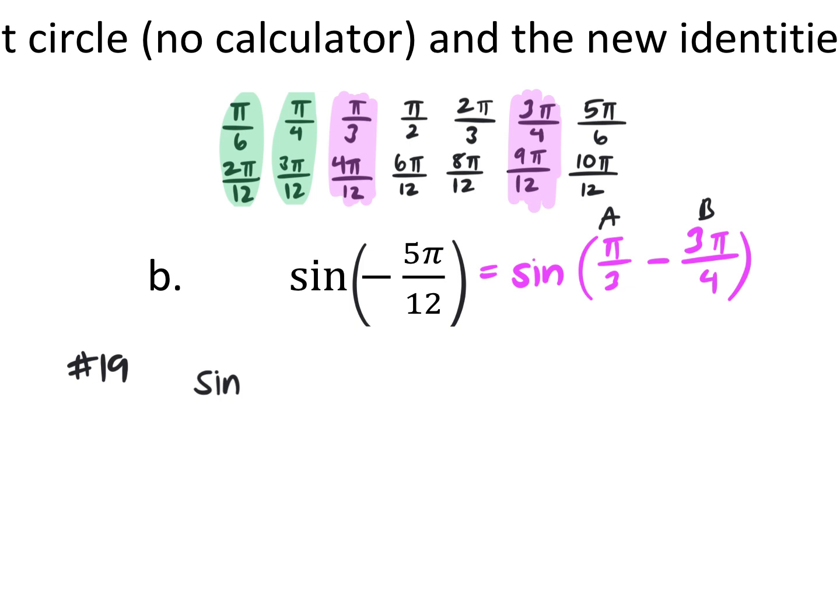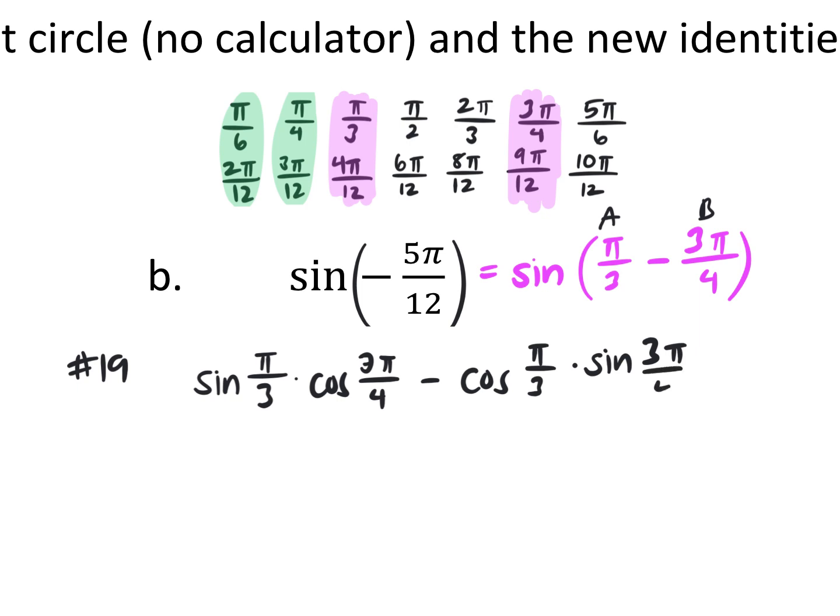So I've got sine of pi over 3 times cosine of 3 pi over 4 minus cosine of pi over 3 times sine of 3 pi over 4. And then once you've done this, we just go ahead and evaluate what these things are.